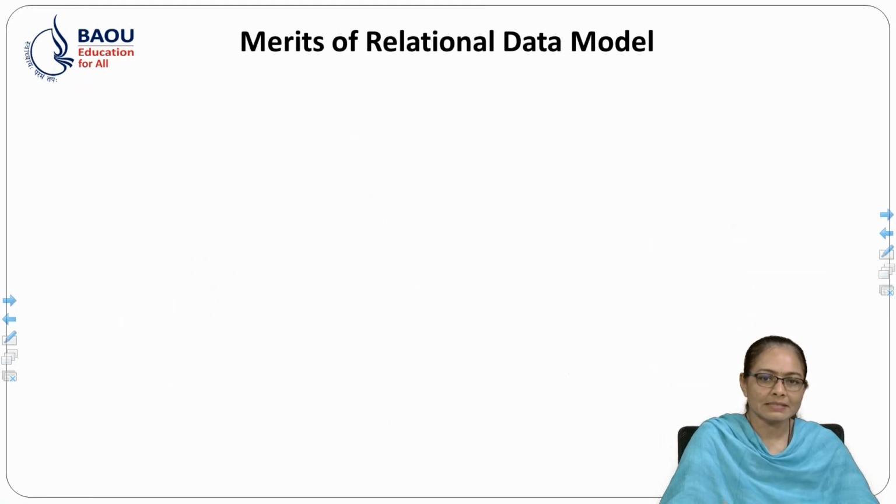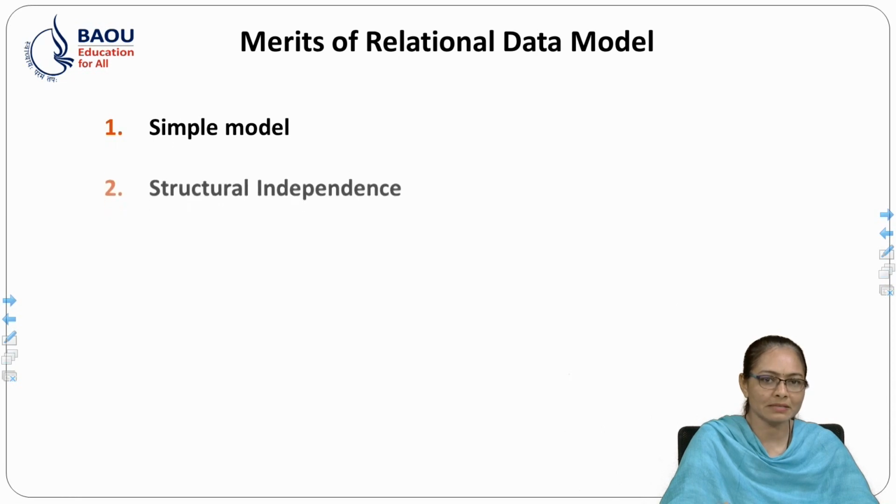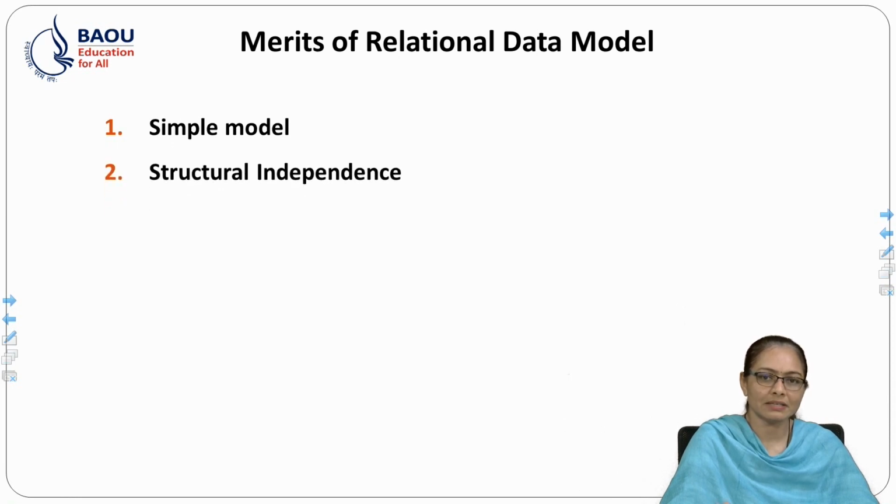Now next is the merits of the relational data model. First is the simple model. The relational model is simple and easy to use in comparison to the other data models.